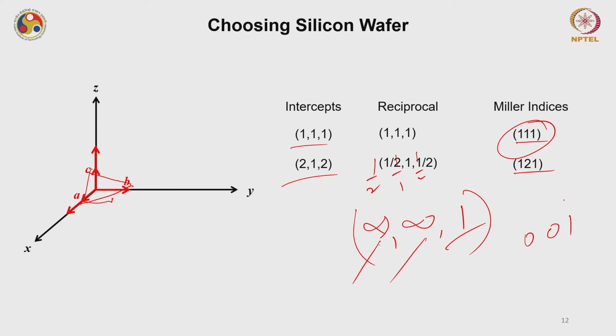For mathematical calculation, these infinity terms will not be convenient, and that's why we employ Miller indices. There are other reasons behind using Miller indices also. We will not go into detail on that, but you should know that these wafers come in 001, 110 and other orientations. Once I understand Miller indices, I should also know the choice of wafers that are available to us.